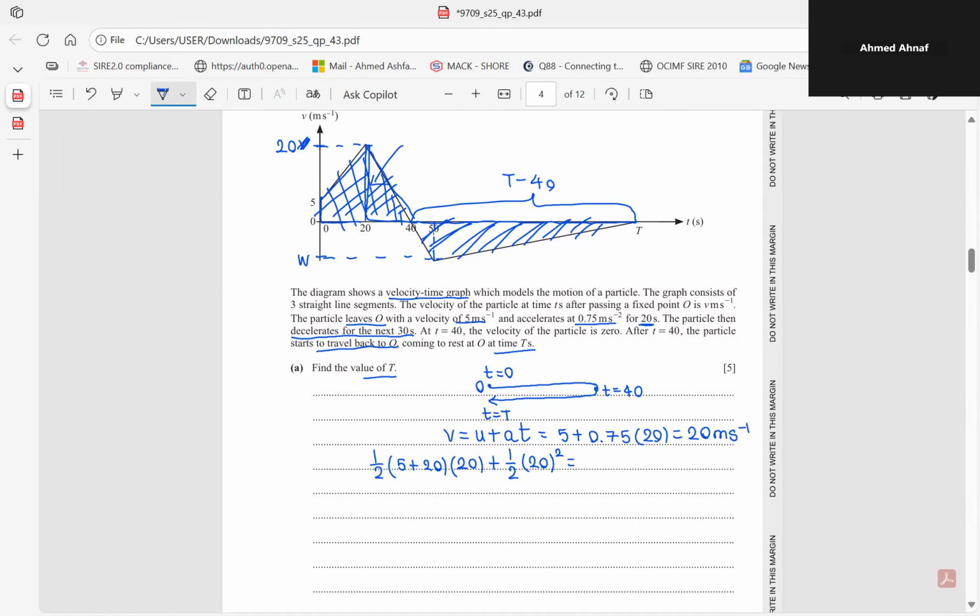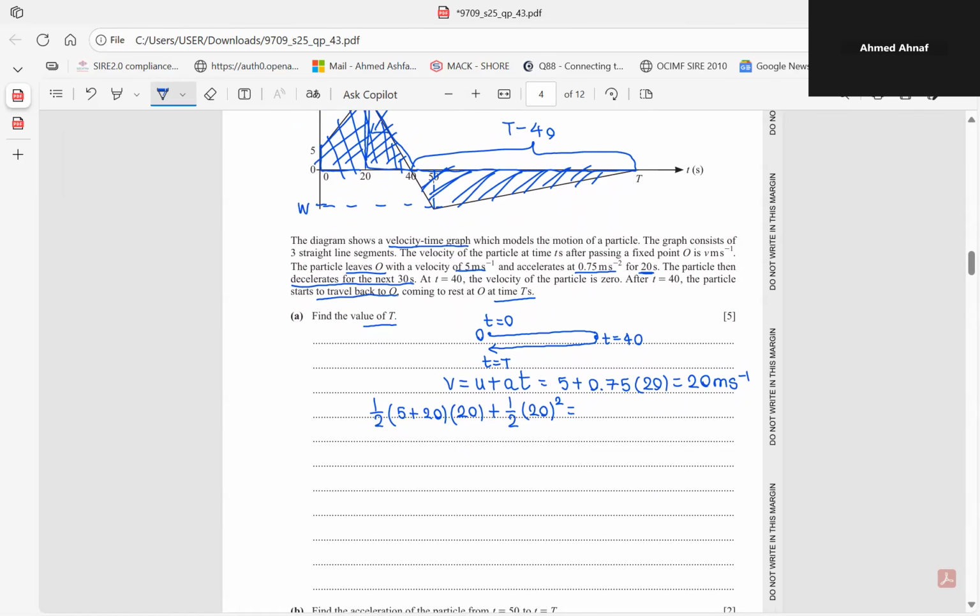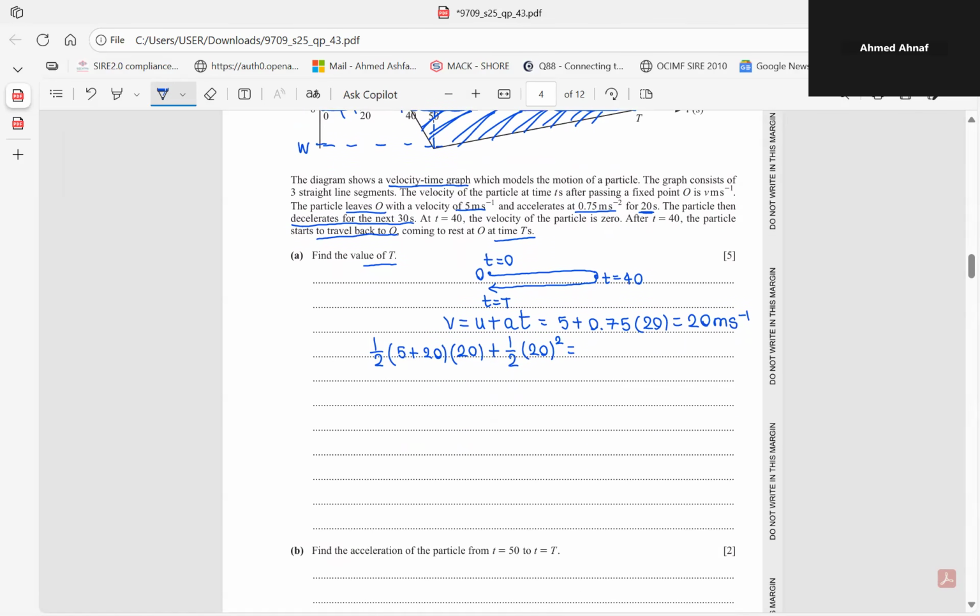It just says the particle decelerates for the next 30 seconds, so we have to find the deceleration on our own. Let's compute this area first. Yeah, so 450.